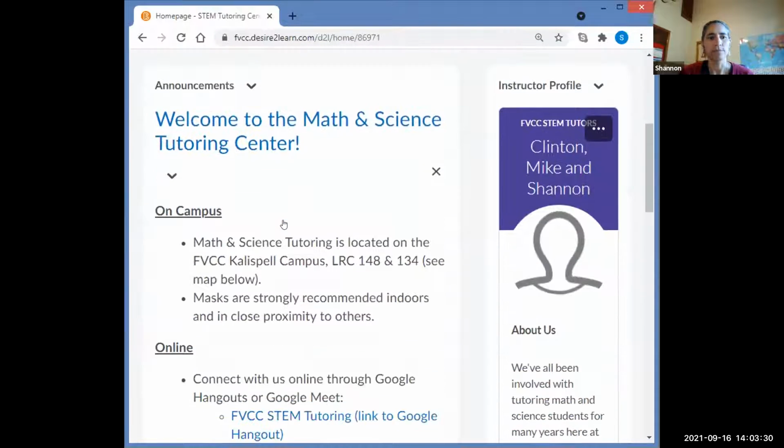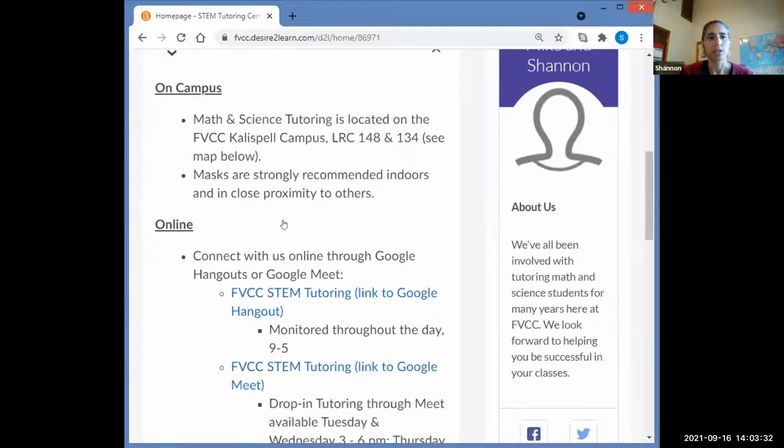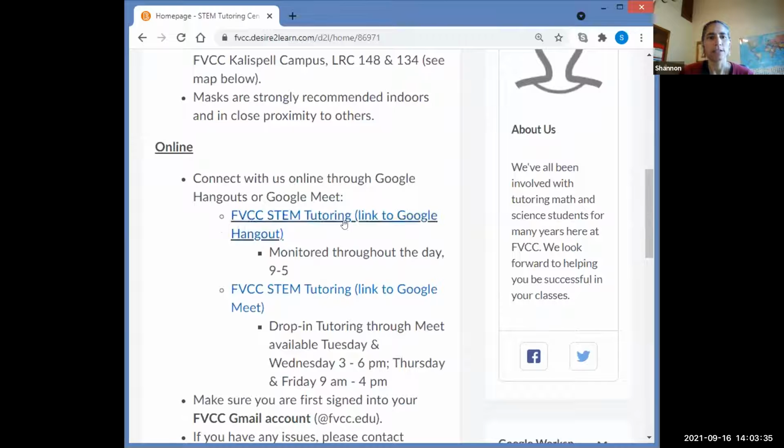Scroll down, there's on campus, there's the hours, and then there's online. This right here will take you into Google Hangouts as long as you're logged into your FECC email account. It'll take you right to Google Hangouts, and you just type, hey, I have a question, and a tutor will jump on and chat with you.